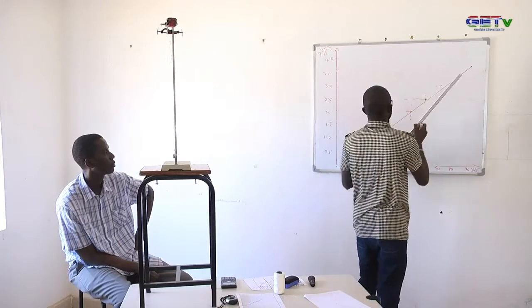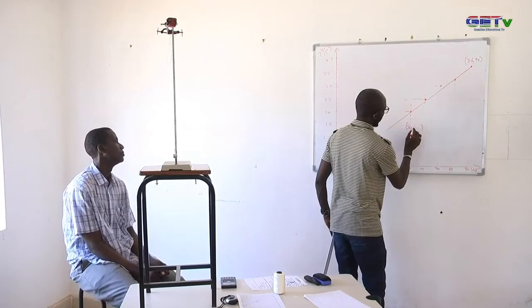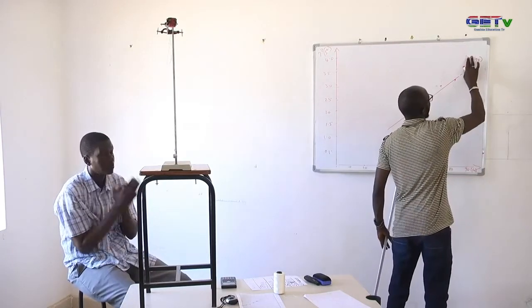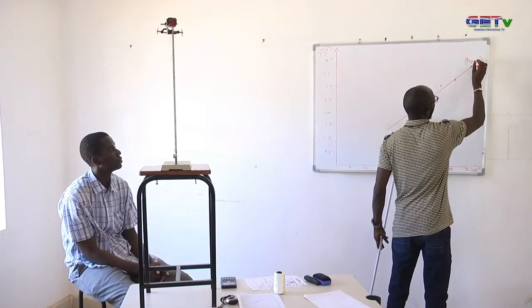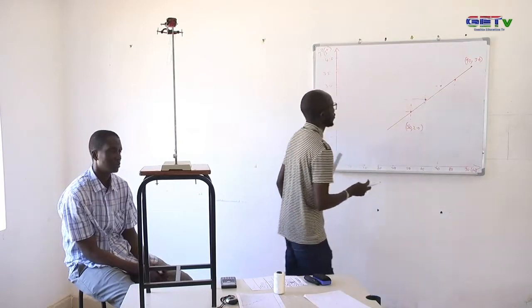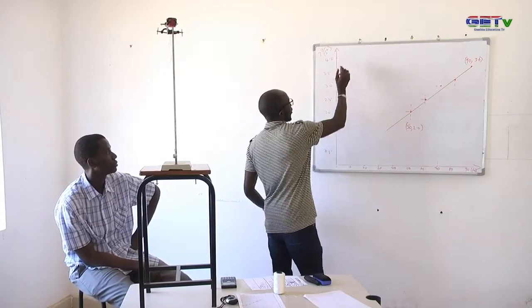This is 50, 2.0 and 90, 3.6. Usually the x comes before the y. So now we find our slope.